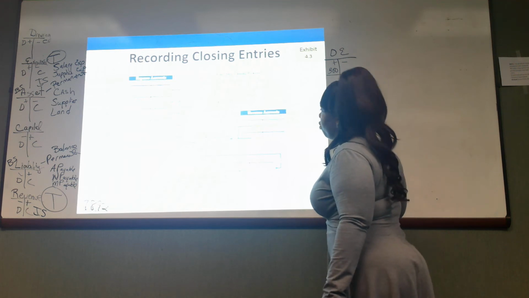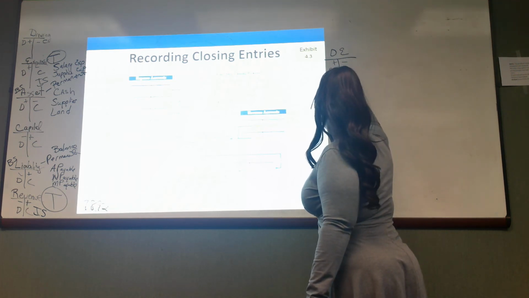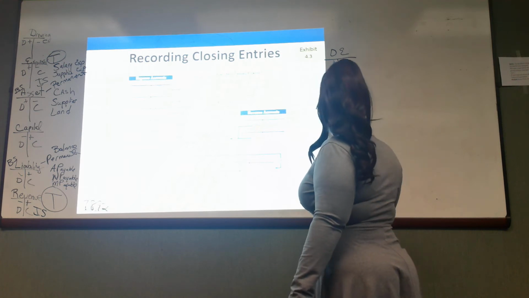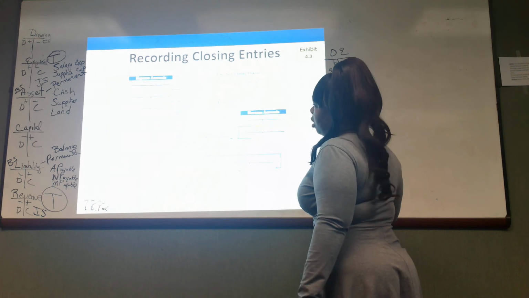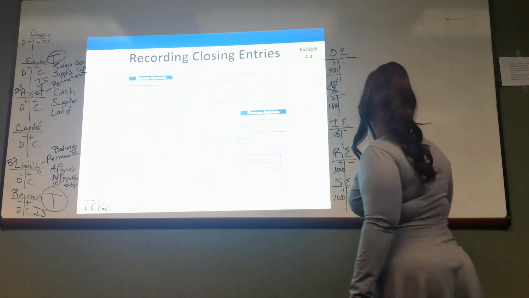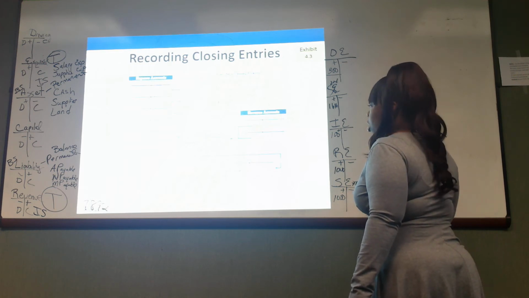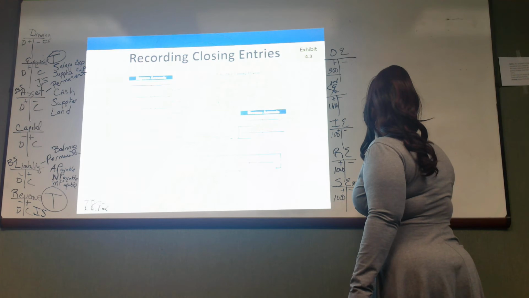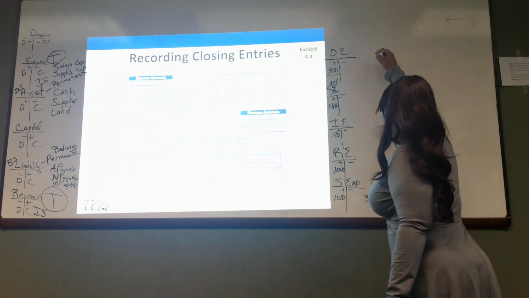And then we have supplies expense. This is salary, and this is 1050. And then we have utilities of 305. All right. And then we have our revenue accounts.